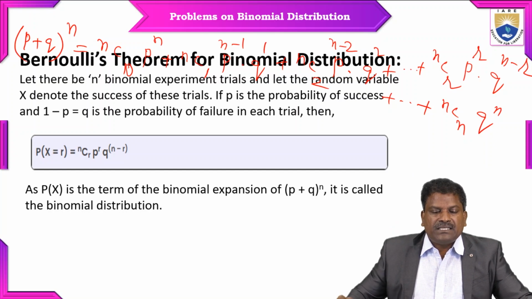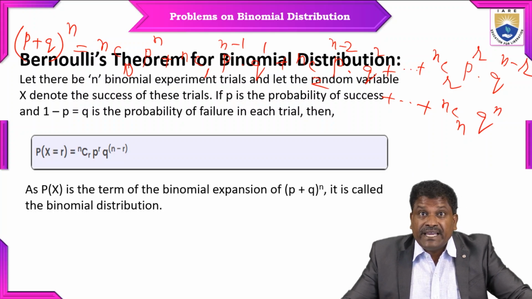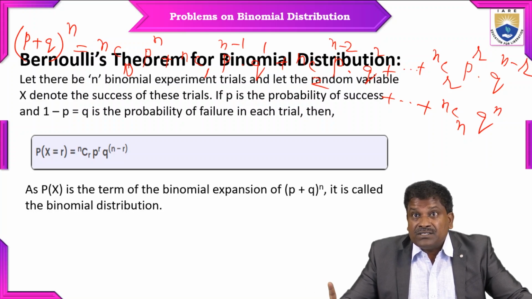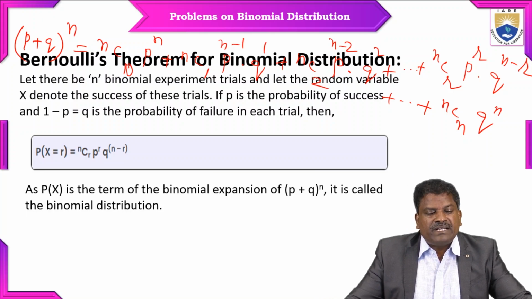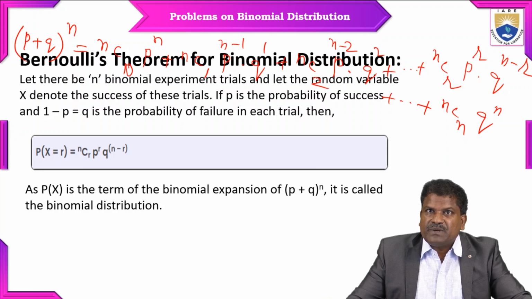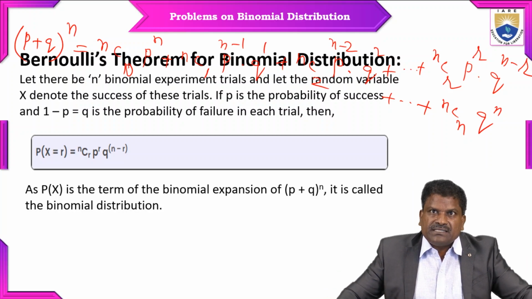Now let us see the Bernoulli theorem or Bernoulli distribution. When do we say it is a Bernoulli trial? When n becomes 1, only a single trial is there, then we say it is a Bernoulli trial. Let there be n binomial experiment trials and let the random variable x denote the number of successes in these trials.